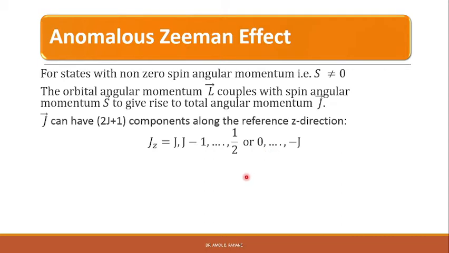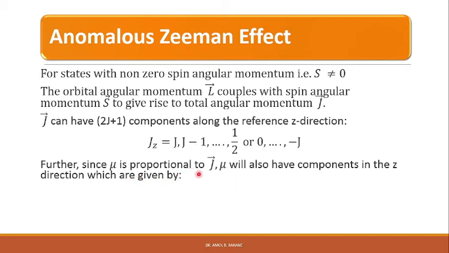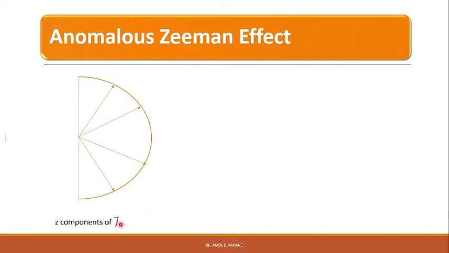Further, since mu is proportional to the J vector, mu will also have components in the J direction, which are given by mu Z equal to minus Ge upon 2m, h upon 2 pi, Jz vector, right? Therefore, the Z components of J for a particular state with J equal to 3/2 are shown here.